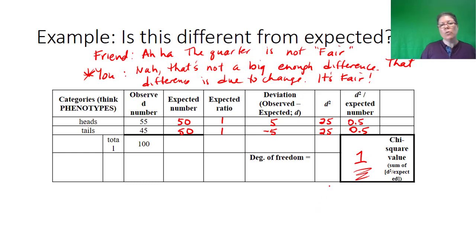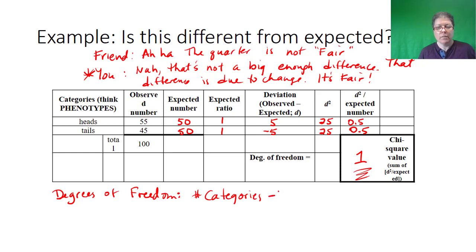Now, in order to move forward, we need to know the degrees of freedom. Number of categories minus 1. Okay, so our degrees of freedom here, number of categories, 1, 2, minus 1, 1. Degrees of freedom, 1. Now I think my chi-square table's on the next page.